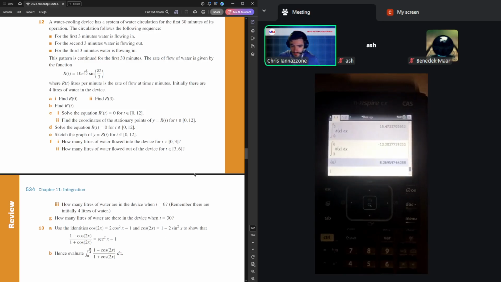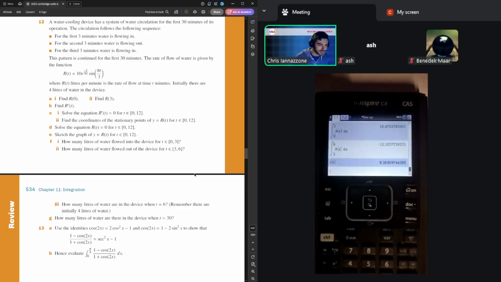The other way that the book did, actually, was they used the last two answers, part I and part double I, to answer that. So if we know we're starting at 4, and 16.4 flowed into it, and then 12 flowed out of it, then 8.26 is what's left.